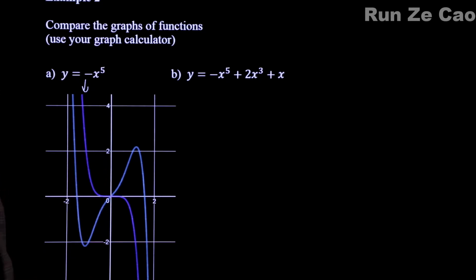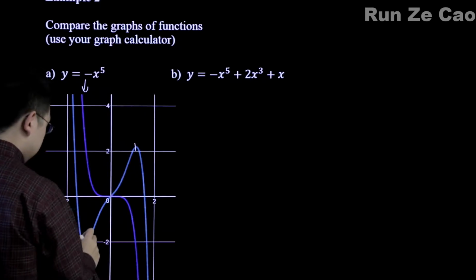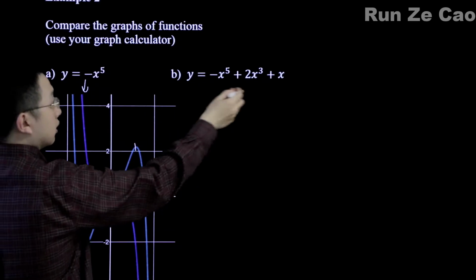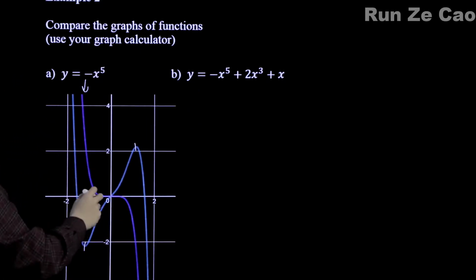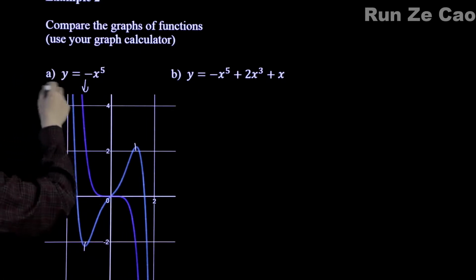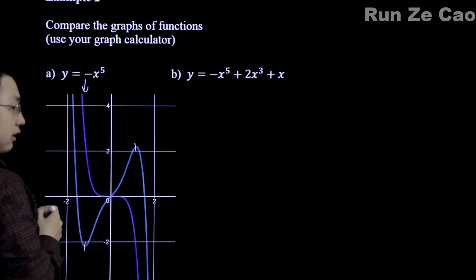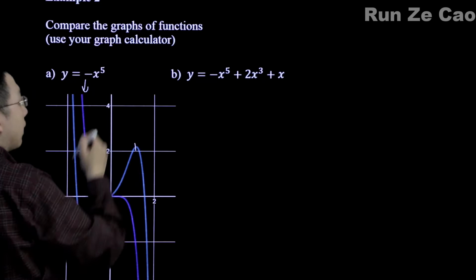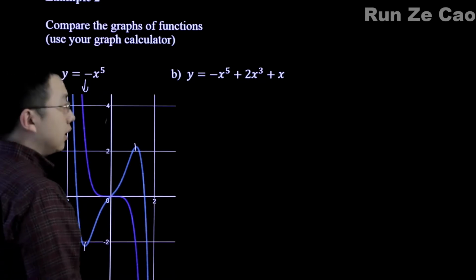Now that has no local maxima or local minima, whereas this one here does. Negative x to the fifth indicates that as x approaches negative infinity, y approaches positive infinity, and the other way around.